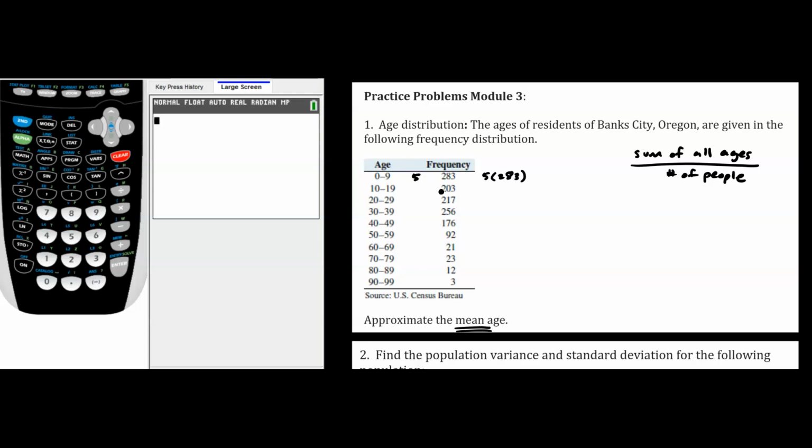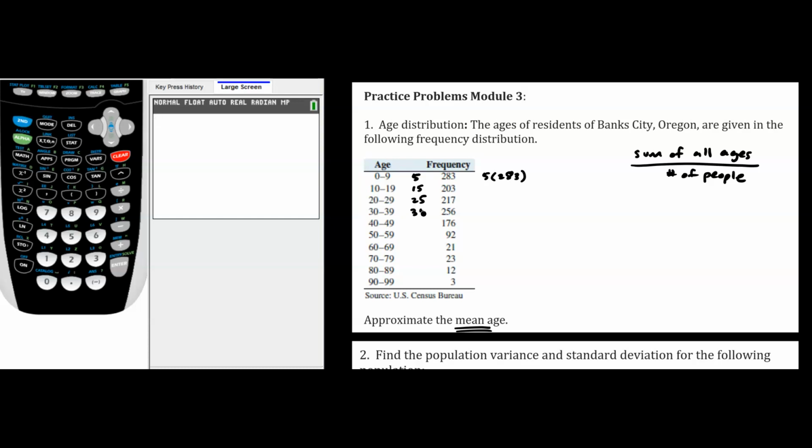Let's do the same thing for all of these categories. We'll identify the middle of the category and then take the product of the middle of the category and the frequency number. So the middle of this category will be 15 and then 25. Remember, I'm taking the average of the lower class limit and then the next lower class limit.